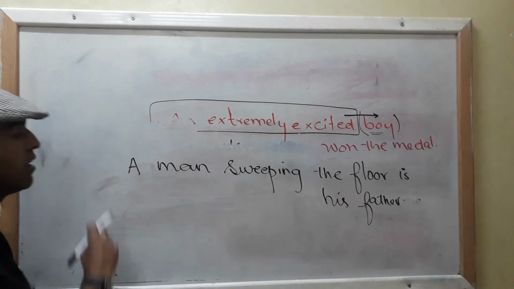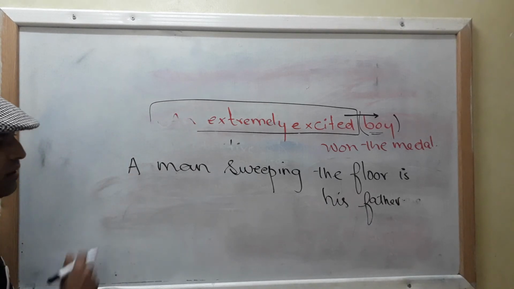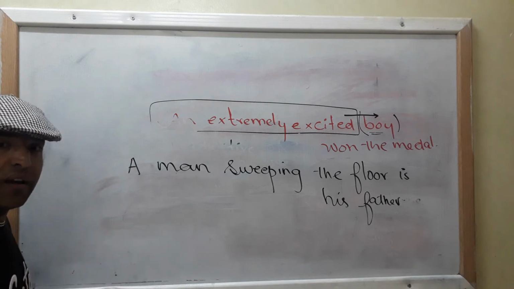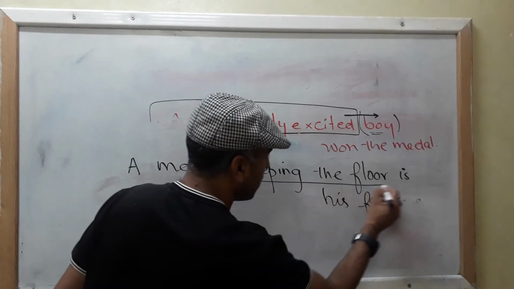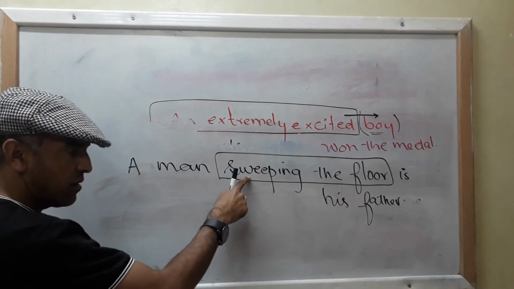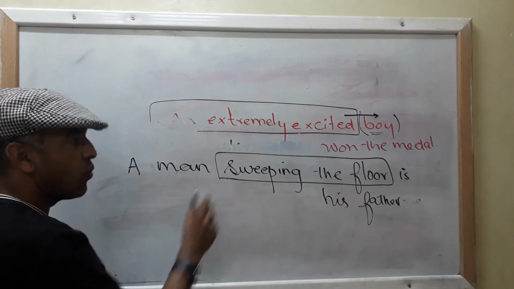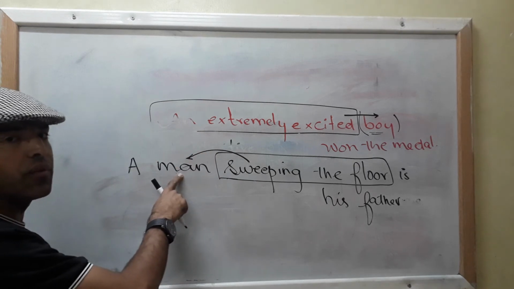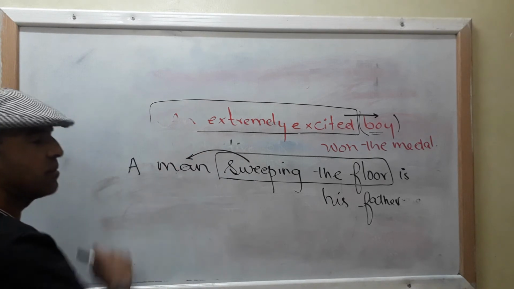Now look, a man is his father. A man, which man? Sweeping the floor. This is again an adjective phrase. Why is it so? Because it is providing you additional information about your noun, that's a man.